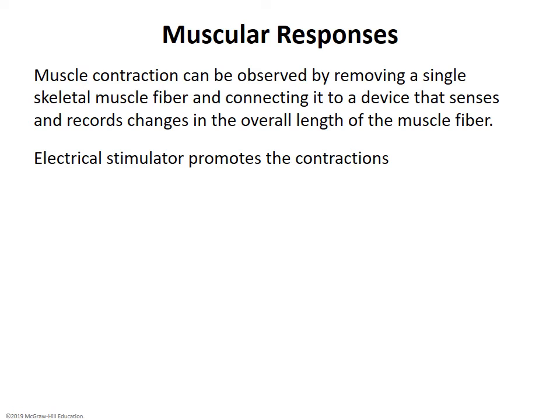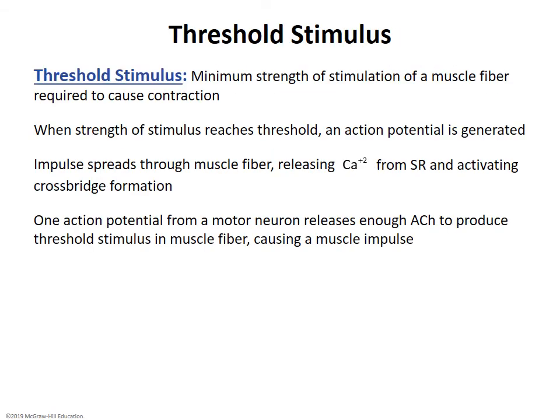So as we start measuring how things work, we're getting ready to look at an electrical device that they use to show a single muscle fiber contracting and measure things on it. So when we take a single muscle fiber and cause it to contract, we can measure how much energy is needed to cause it to contract, and we call that the threshold stimulus.